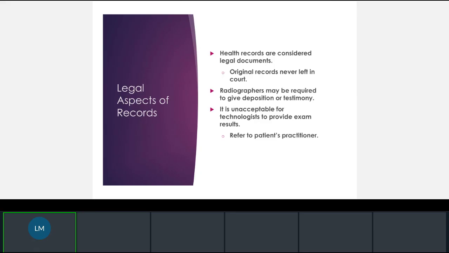As far as the legal aspect of a health record, health records are considered legal documents. Now, it says the original records are never left in court. That would be if it was a paper copy.